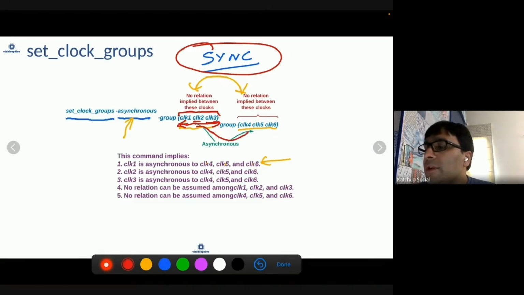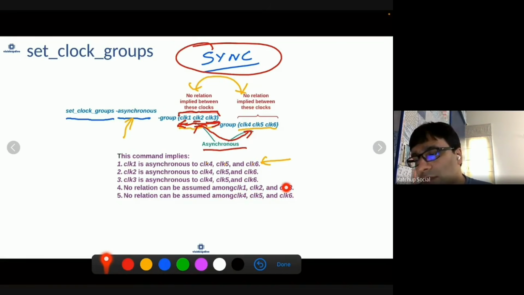Relationship is only being told to the STA tool across groups. So based upon this command only, there is no relationship implied between clock 1, clock 2, and clock 3. They can be synchronous or asynchronous based upon other commands or the default behavior of STA. But this command does not tell what the relationship is between clock 1, clock 2, and clock 3.